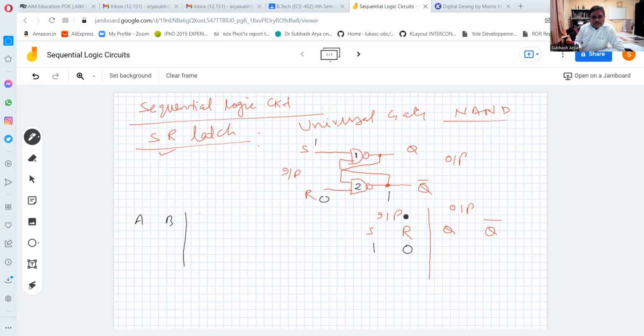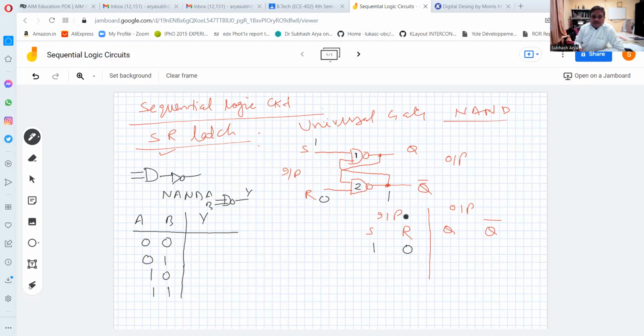A, B with Y: 0 0 1, 0 1 1, 1 0 1. This I am writing for the NAND gate. The NAND gate symbol is like this: A, B, and Y. So we know NAND gate is nothing but an AND gate followed by a NOT gate. So 0 into 0, because this is AND and then taking its bar, 0 into 0 will be 0.